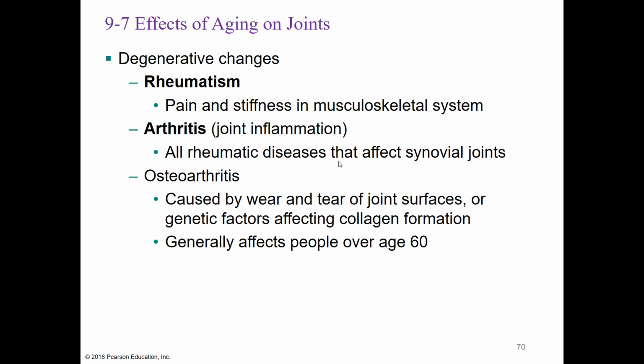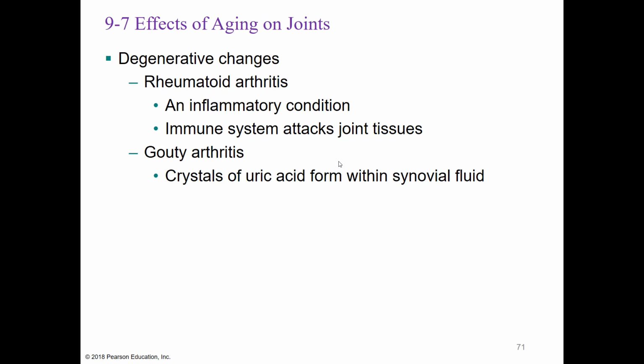Osteoarthritis in particular is caused by wear and tear of joint surfaces, which can be because of use over time, or it can be genetic factors that affect the ability to make collagen. Generally affects people over the age of 60. Rheumatoid arthritis is an inflammatory condition where the immune system attacks the joints.